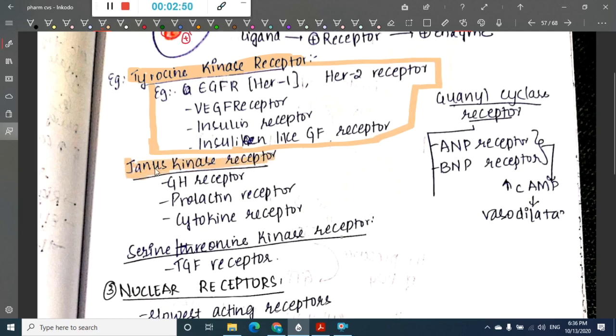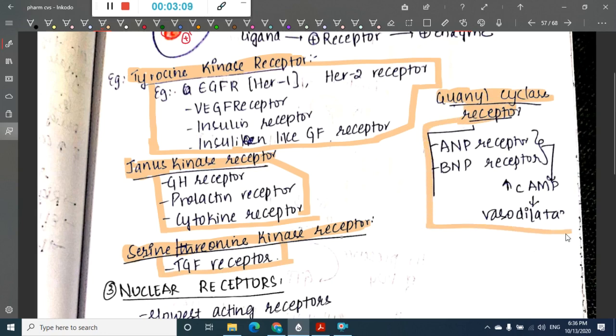These Janus kinase receptors are growth factor receptors, prolactin receptor and cytokine receptors. Then we have serine threonine kinase receptors, which include the transforming growth factor receptor. Then we have guanyl cyclase receptors, like ANP, that is atrial natriuretic peptide, and brain natriuretic peptide.